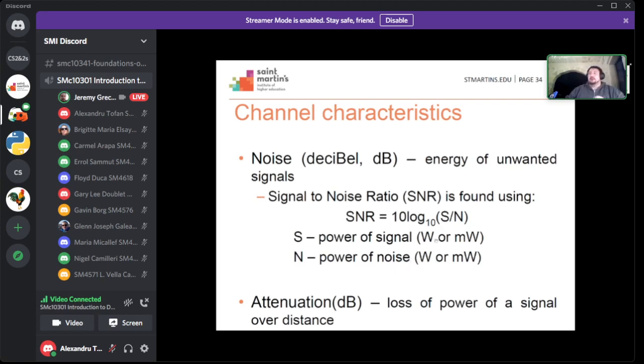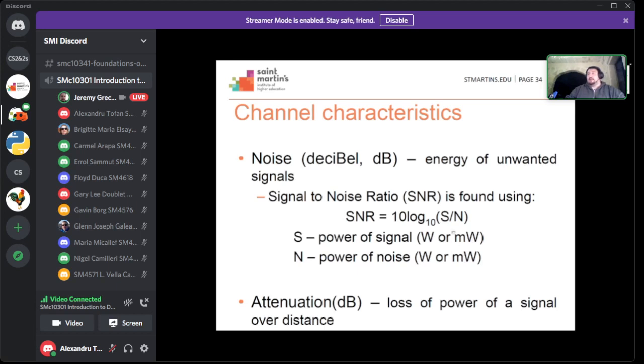Make sure, guys, that if you're talking about the signal power in watts and the noise power in milliwatts, then you need to convert the noise power into watts or convert the signal power into milliwatts. You have to make sure that we are talking about the same base here.